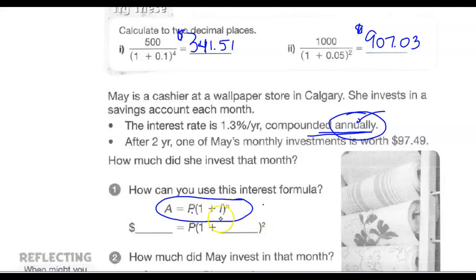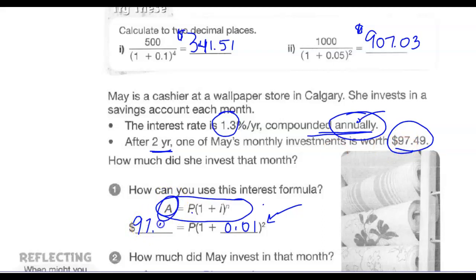So the interest rate, we always have to put in decimal form. They've already done the 2 for us because it was in there for 2 years. And we're told what it was worth at the end. So this isn't the interest. This is the final amount, A for amount.